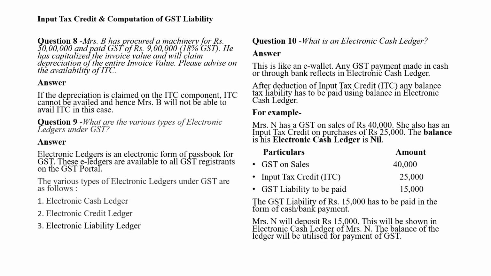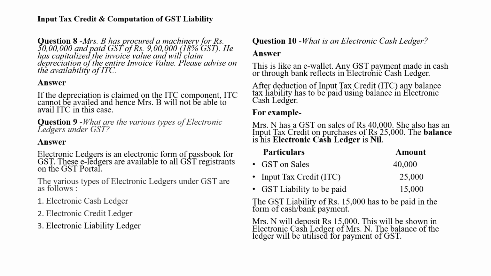So here we are clarifying that GST on sale is rupees 40,000 and input tax credit, ITC, is 25,000. So the balance GST liability to be paid is 40,000 minus 25,000, that is 15,000.